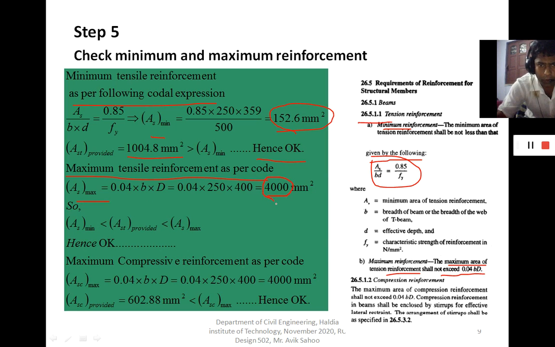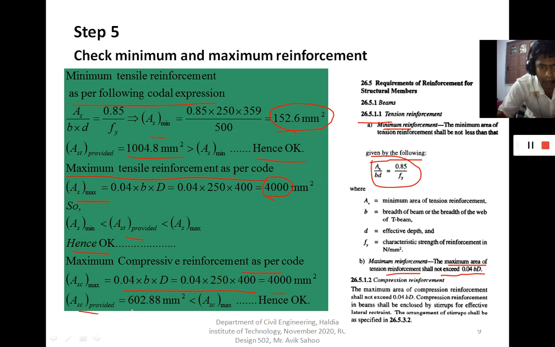What reinforcement we provide should be within minimum and maximum. So Ast provided is more than minimum as well as less than maximum, hence okay.